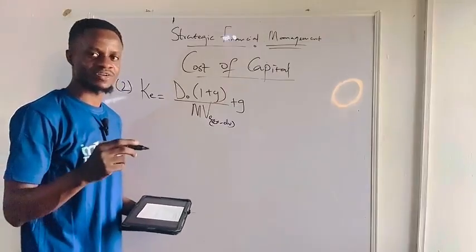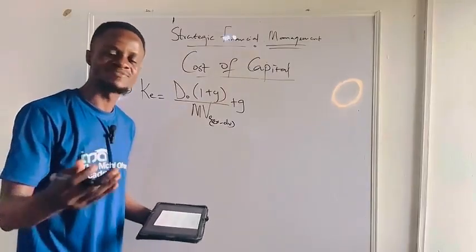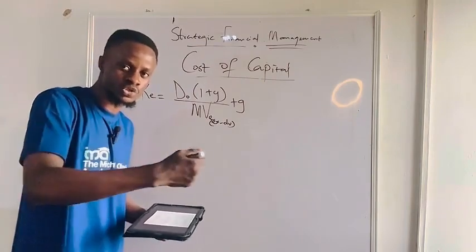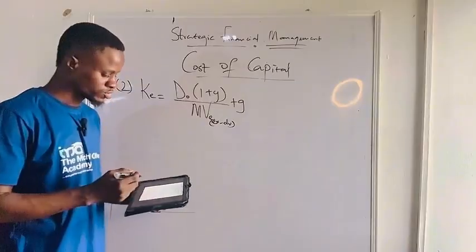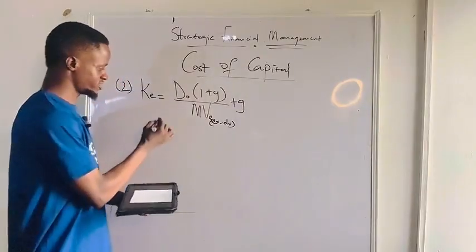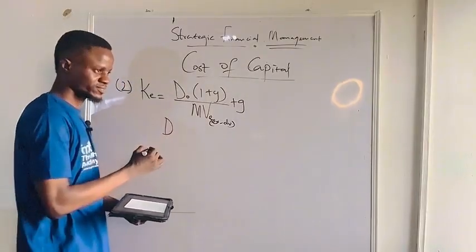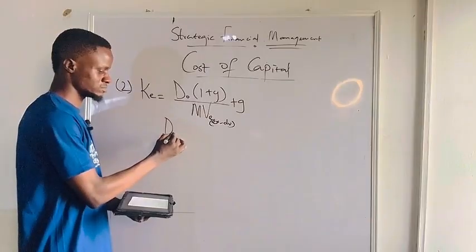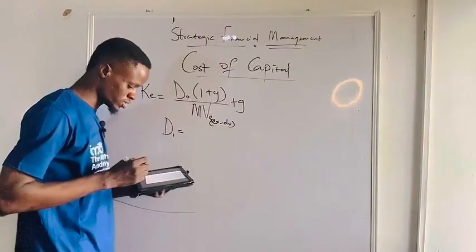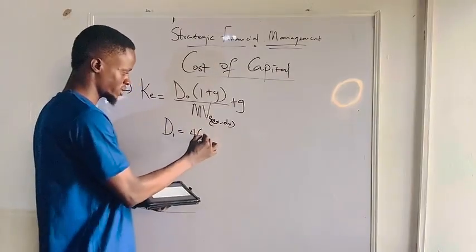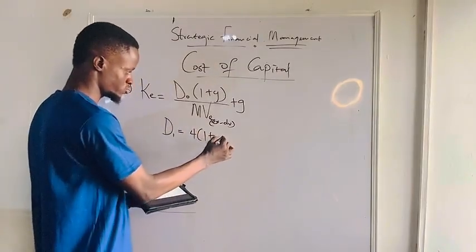Because if you are given a market value that is cum div, that means cumulative dividend, that means the dividend is inside, so you have to strip it out. You have to take it away. It's simple, just like the question. So what is the value of the dividend now? The dividend for this year, let me put it as D1, or this year's dividend. It will be 4 bracket 1 plus G, which is 0.05.